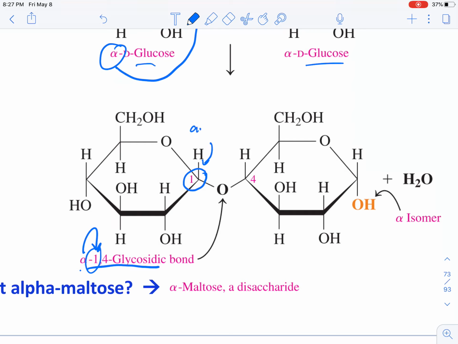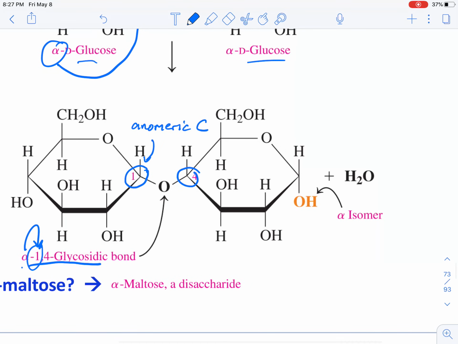So this is the anomeric carbon, and the other carbon is not anomeric, meaning that the anomeric carbon of the second sugar molecule, this one, is free to undergo another reaction.